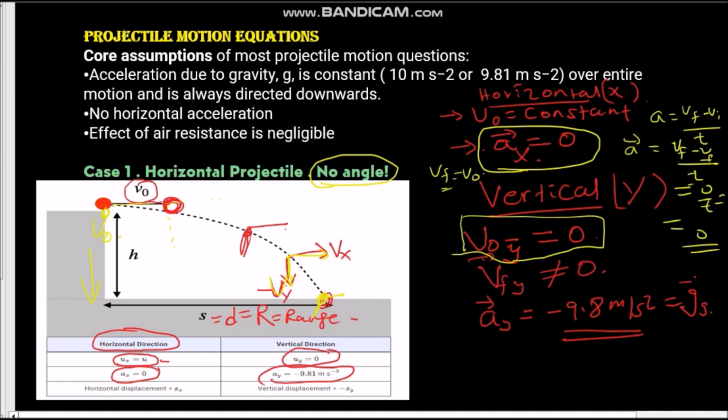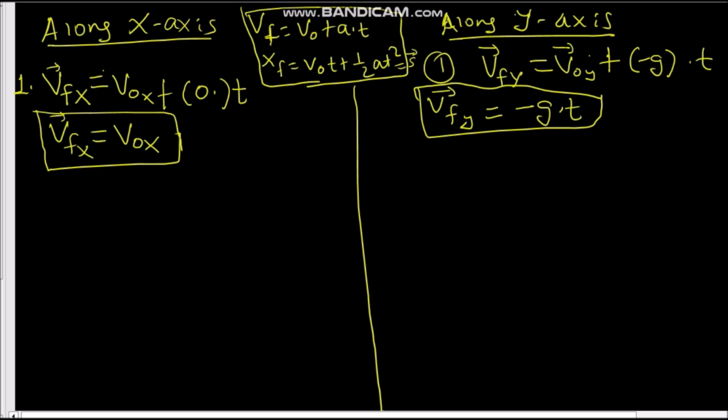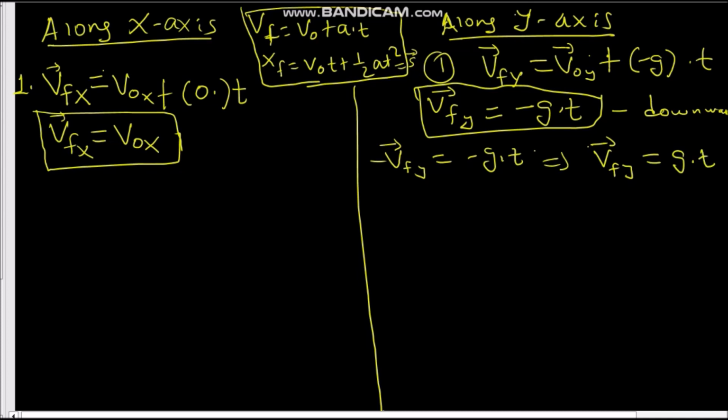For downward we know that the velocity is negative, so the negative final velocity, v final y, is equal to minus g times t. This implies that finally the magnitude of the final velocity across the y is equal to g times t. Alright, good.